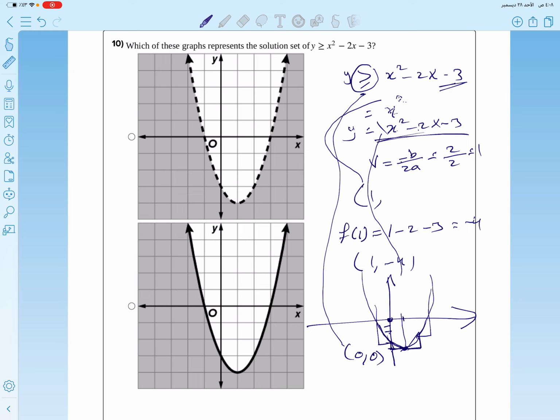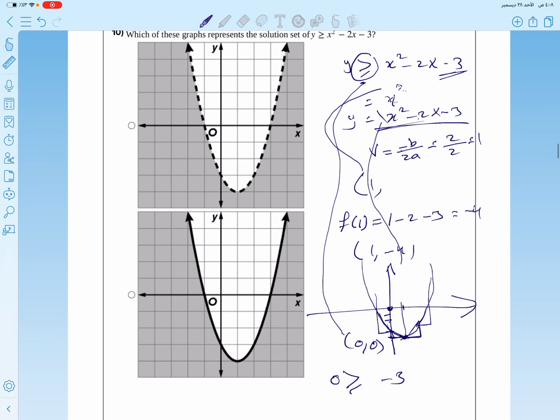Look, 0 greater than or equal to negative 3. Is this correct? 0 is greater, yes, it's correct. So the solution will be inside. I need to shade inside the parabola.